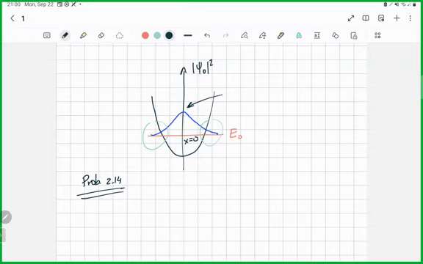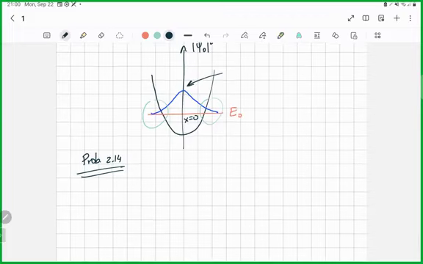So problem 2.14 asks: what is the probability of finding the particle outside the classically allowed region, in the classically forbidden region? How would we compute this probability? Well, what is the classically forbidden region? It is the region here.